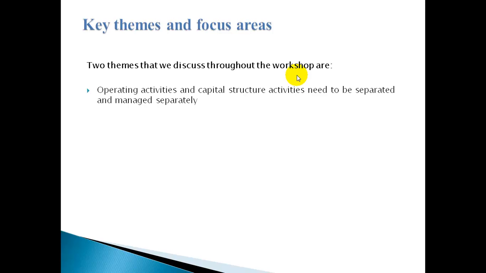Is it a good business to own, a good business to be in, regardless of capital structure? That's another set of discussion and decisions that management teams or owners make. They're not the same. So we're going to look at operating activities and see how your business is doing from its operations. And then we're going to look at capital structure and see the kind of financing decisions that you've made and how that's impacting on your business as a whole.